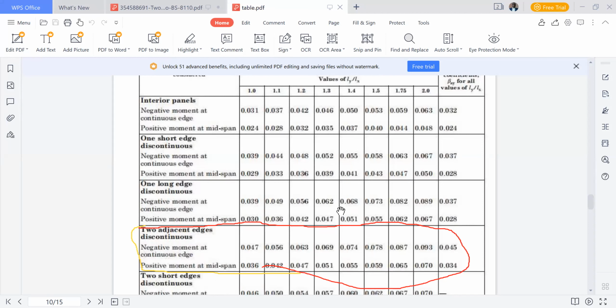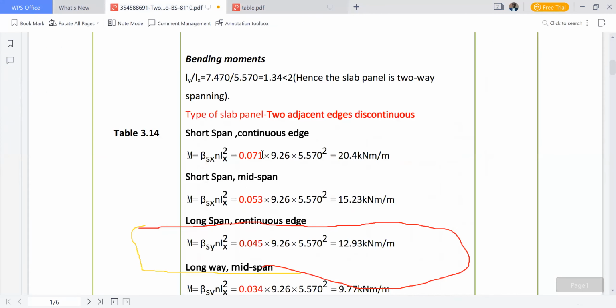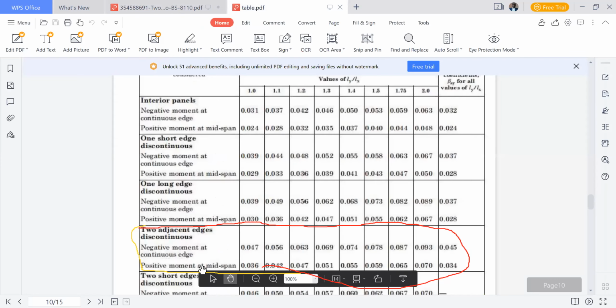Using interpolation, we'll find that the value for 1.34 must lie somewhere between 0.069 and 0.074. That's why after interpolation, you get the coefficient as 0.071.